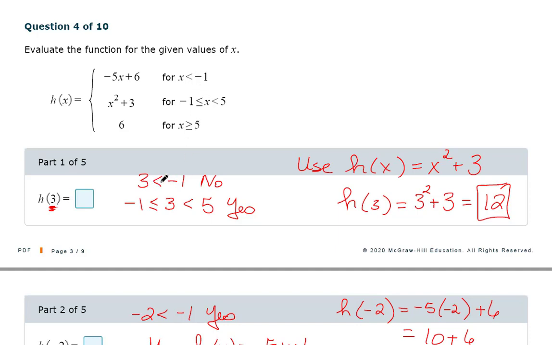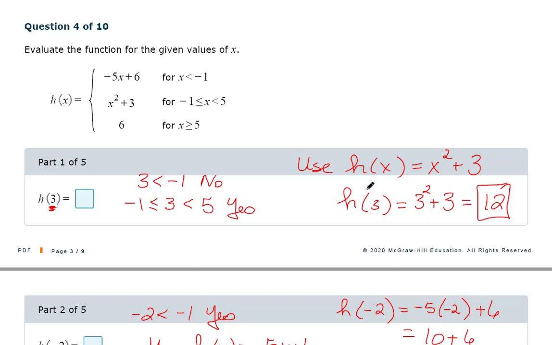Is 3 less than minus 1? No. Is 3 in between minus 1 and 5? Yes. So that tells me which rule to use, and that's this rule. So I'm going to use the rule of square the input and add 3. 3 squared plus 3 is 12.